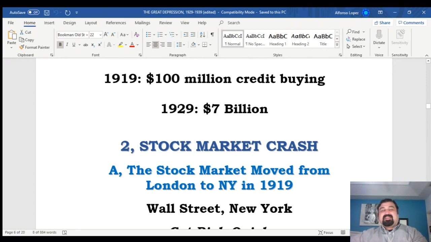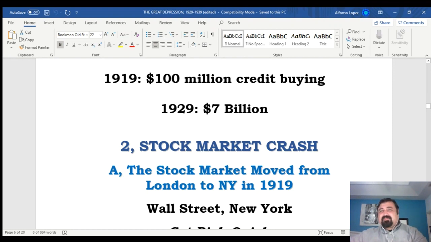If we just look at the astronomical increase in the number of loans that were issued and the amount of consumer debt that Americans acquired in 10 years between 1919 and 1929, you see a dramatic increase, starting with 100 million borrowed in 1919 in credit buying in the United States.